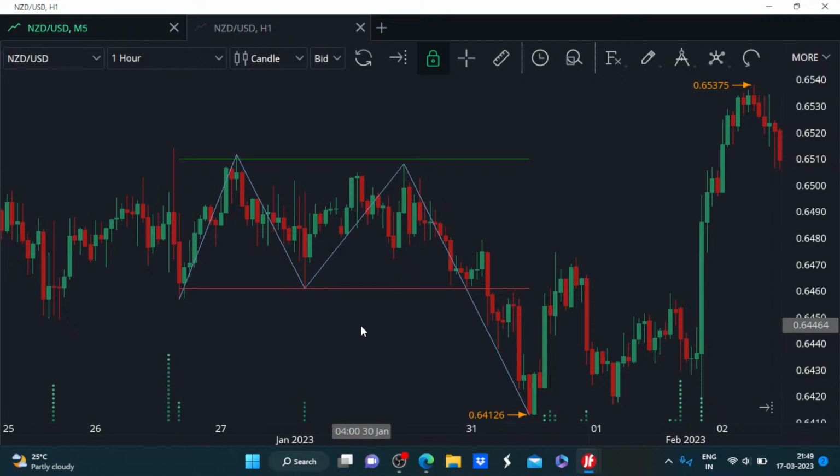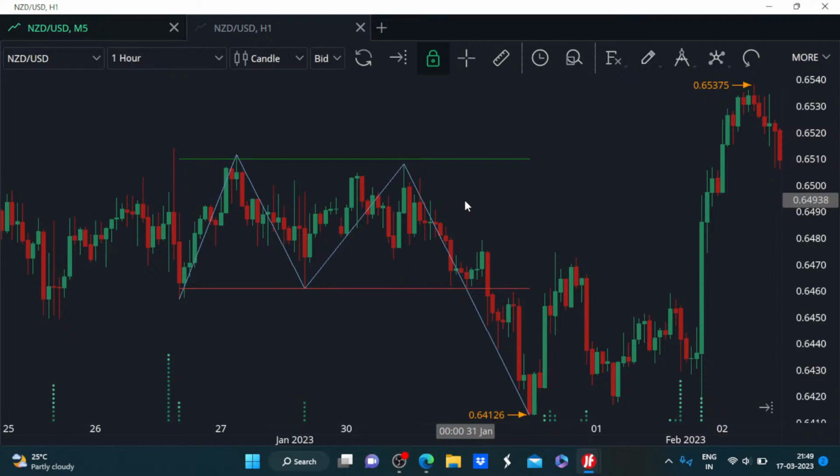So all you will have to do is reduce your lot size as you are dealing on the larger time frame. The pips are going to increase, the percentage point moves are going to increase. So you will have to adjust your lot size accordingly so that you can make the risk reward ratio favorable. It shouldn't be the case that if unfortunately the trade ends in loss, you lose too much money.